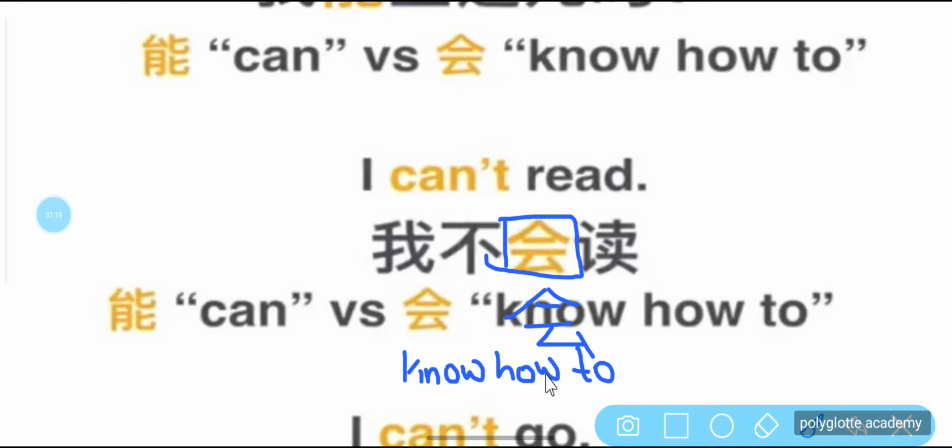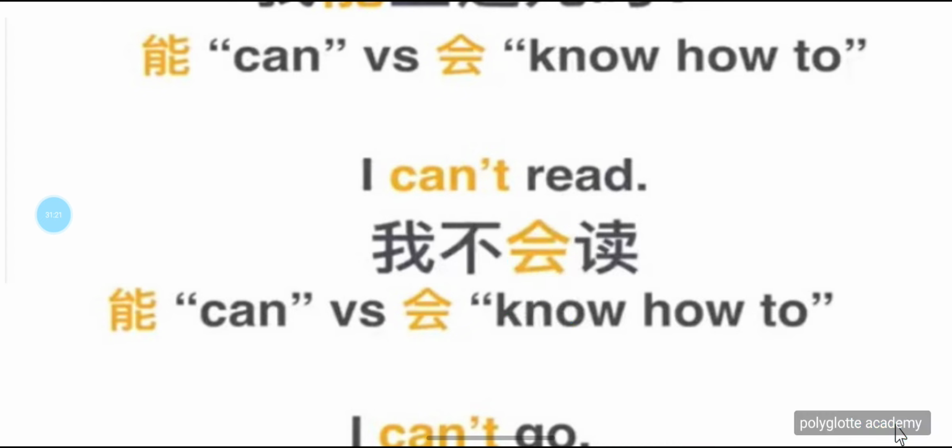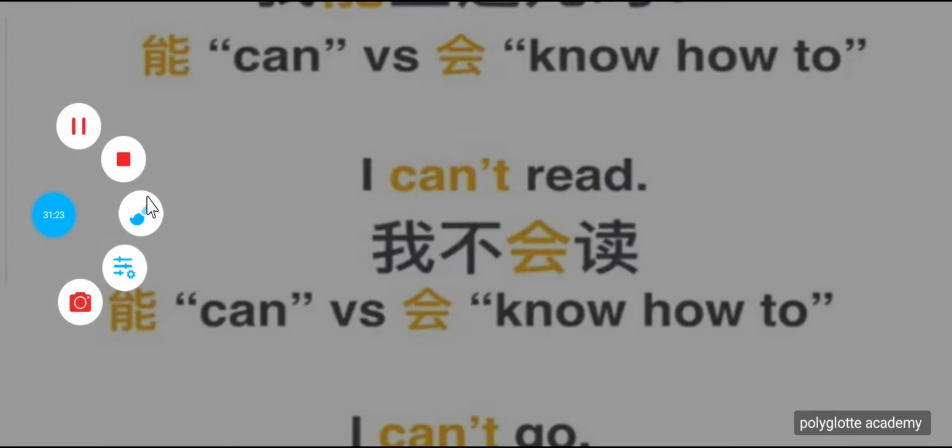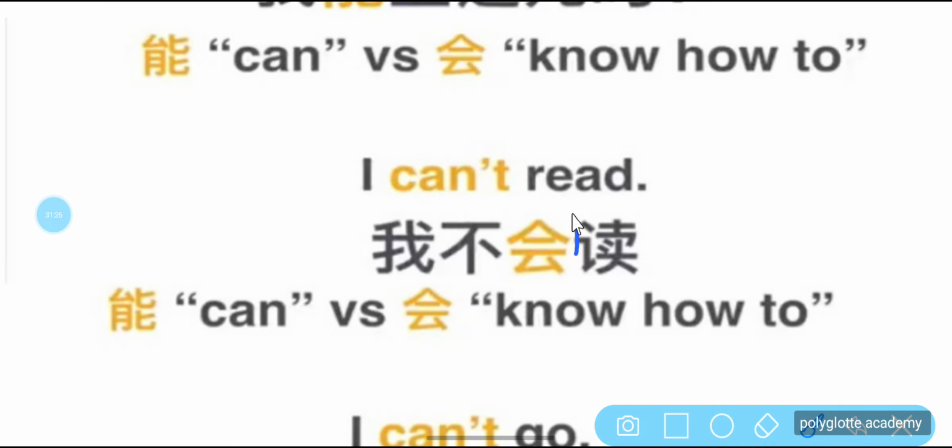The next character is du, which means to read. We can write this character. It's just like the character for my, but with this character attached beside it. So which means to read.